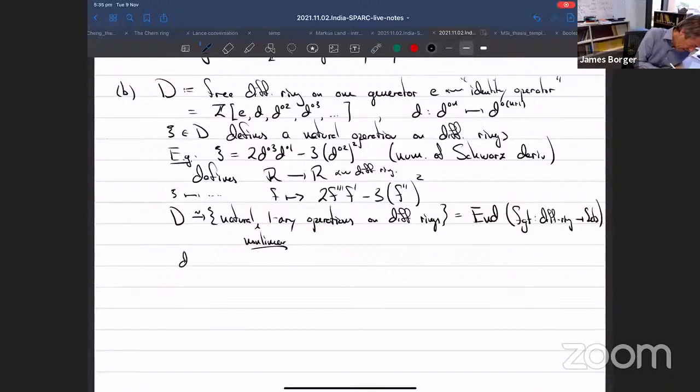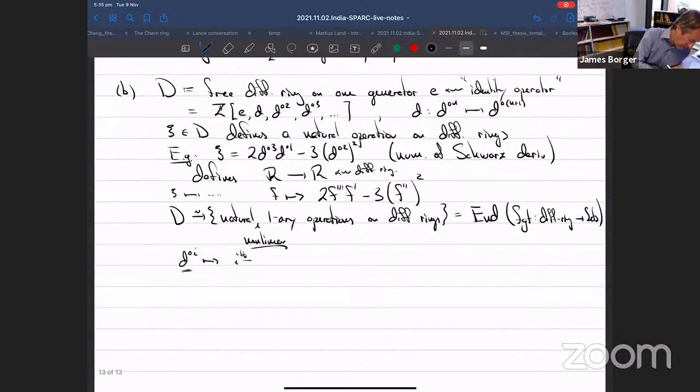So D circle i goes to, this is initially just a formal symbol. It's the ith iterate of D on a general differential ring, which is a functorial operation. And then you extend to all polynomial expressions in these just pointwise.